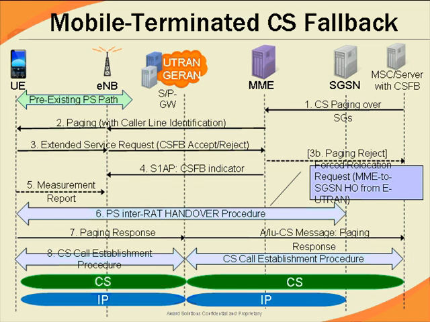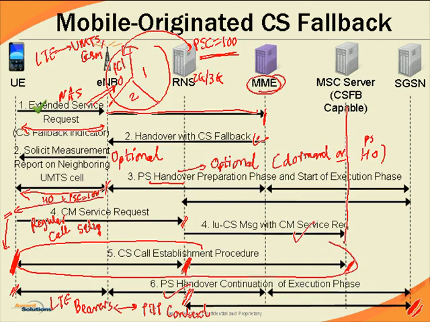When the UE goes to the legacy technology, MME is aware of that at this point. So MME knows the user has already gone into the legacy technology area. In that case, MME will suspend the bearers.